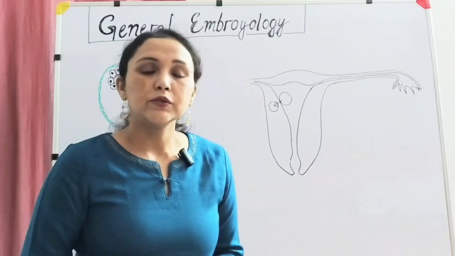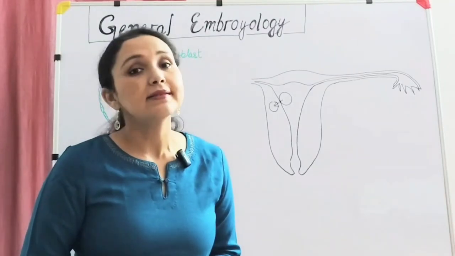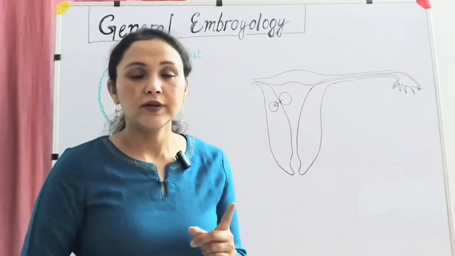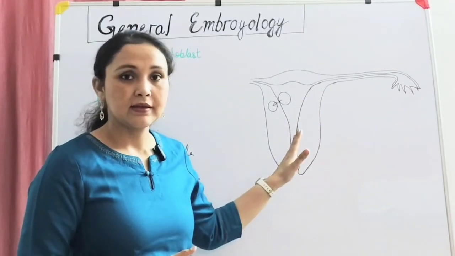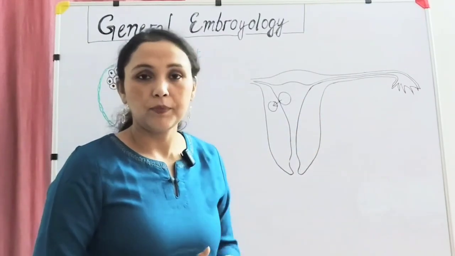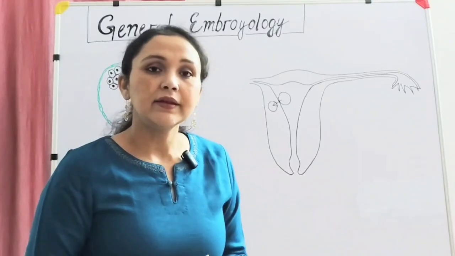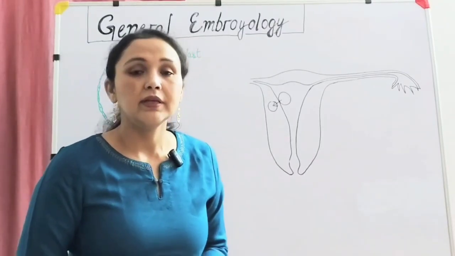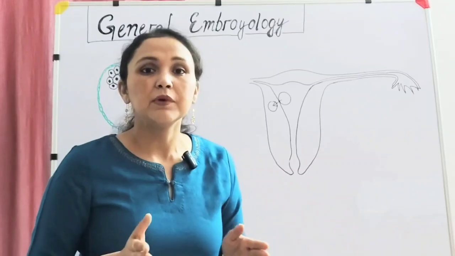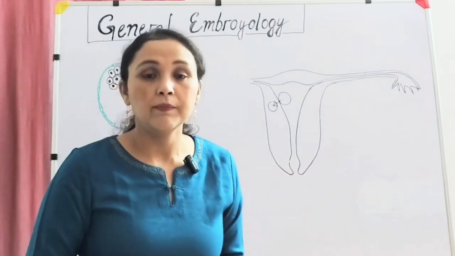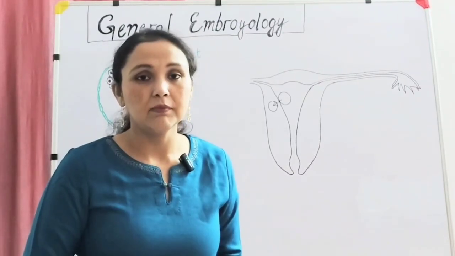So we come to the next very important question: what is the role of zona pellucida? First, we have done that it prevents the implantation anywhere else, right? So it prevents any ectopic pregnancy. Another, before the implantation, it plays a very important role in gamete identification, the sperm adhering to the ovum, and penetration of the sperm.